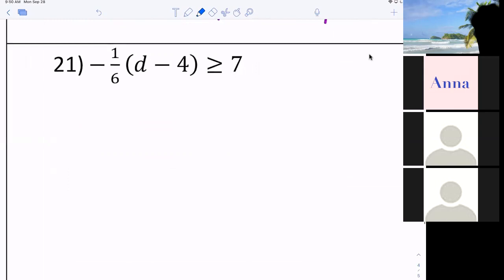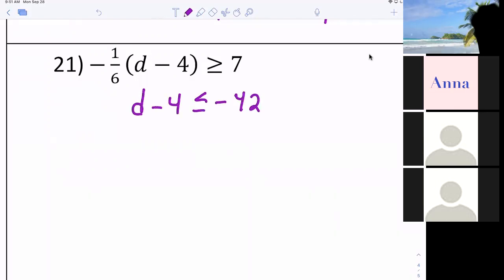I'm multiplying by negative 6. And when I multiply by negative 6, what do I have to do to the sign? Flip it. So now I have d minus 4 is less than or equal to negative 42.